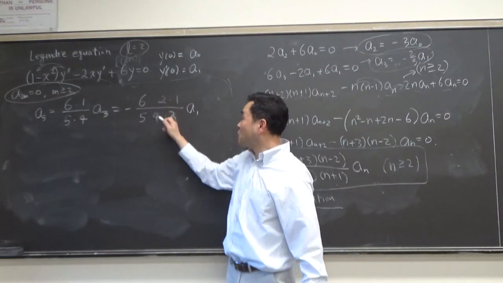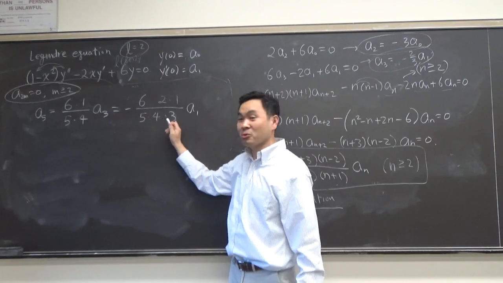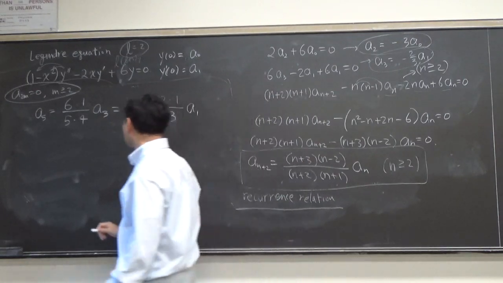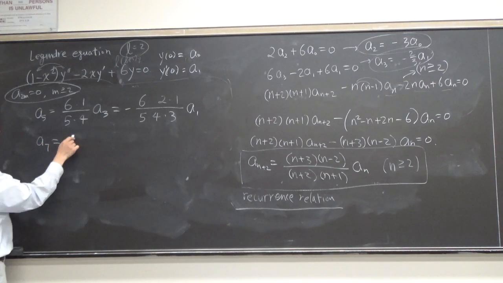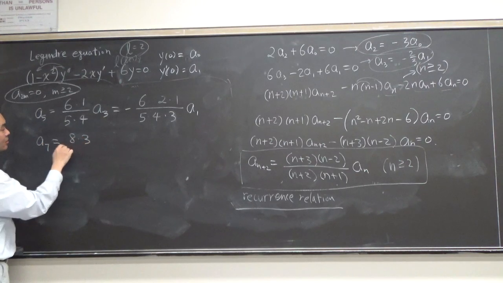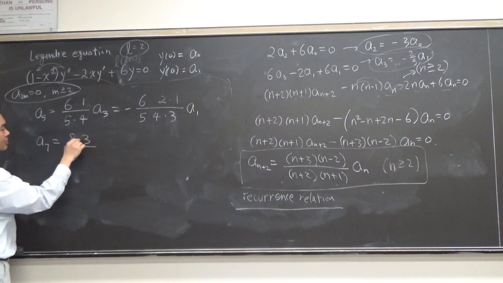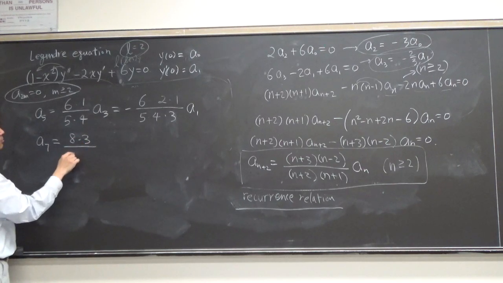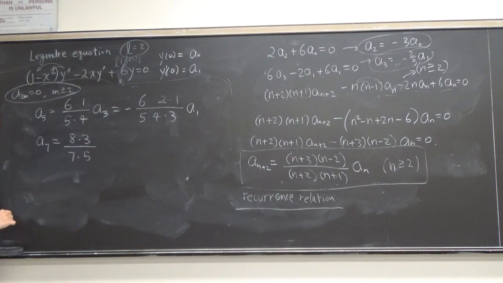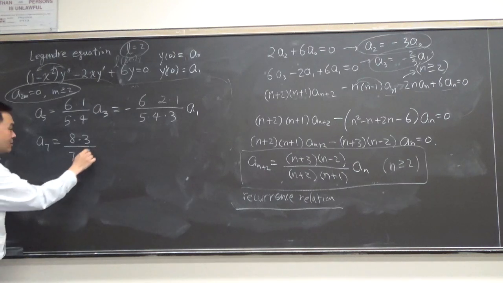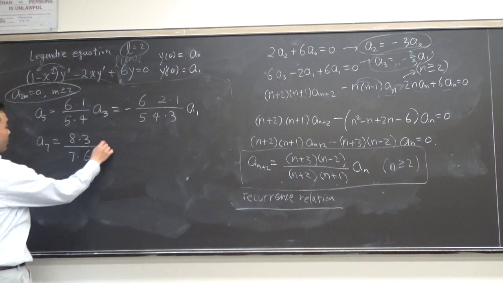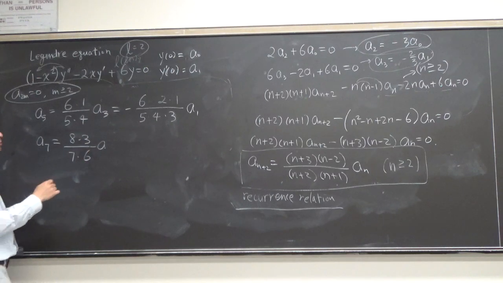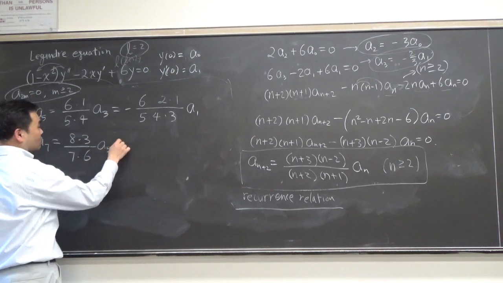And I like this format because it's 5, 4, 3, right? Okay. Let's write down what A7 is. A7 is 8 times 3 over, what is it, 7 times 5, the same times 6, right? Times 6 of A5.